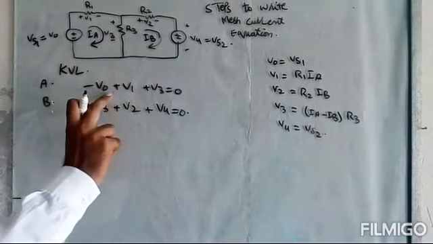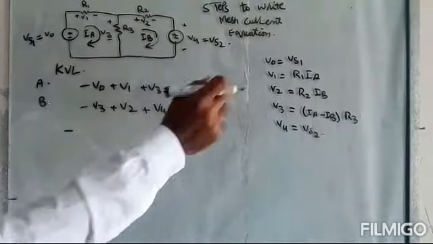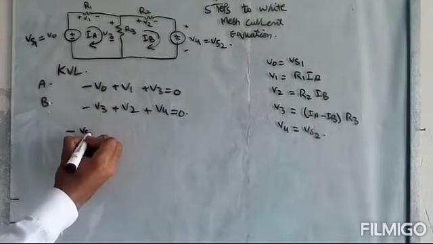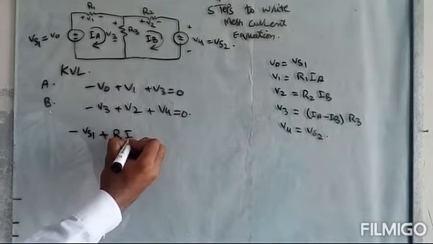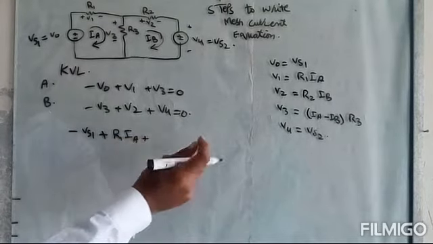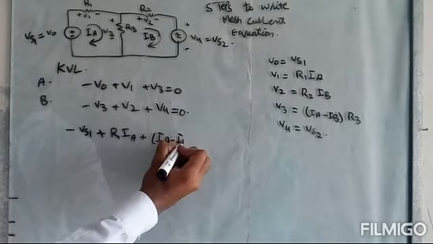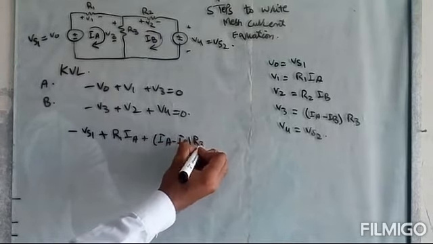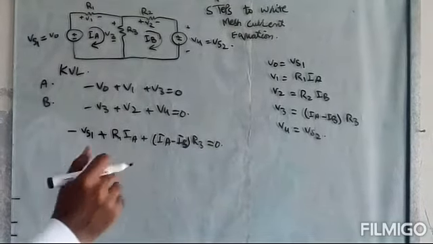So we will put first in this equation minus V0. V0 is equal to Vs1. So minus Vs1 plus V1 is equal to R1 IA, plus V3 is equal to IA minus IB multiplied by R3, and it is equal to 0. Now we will separate IA terms.